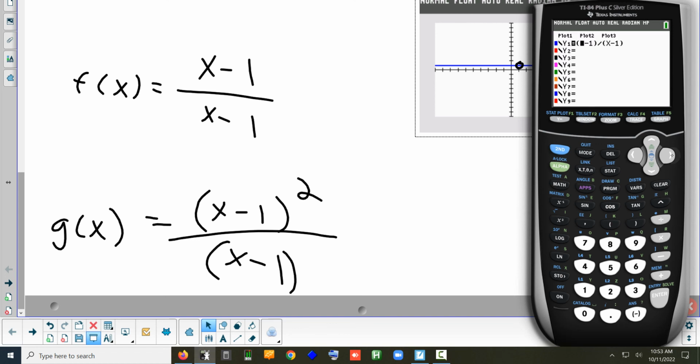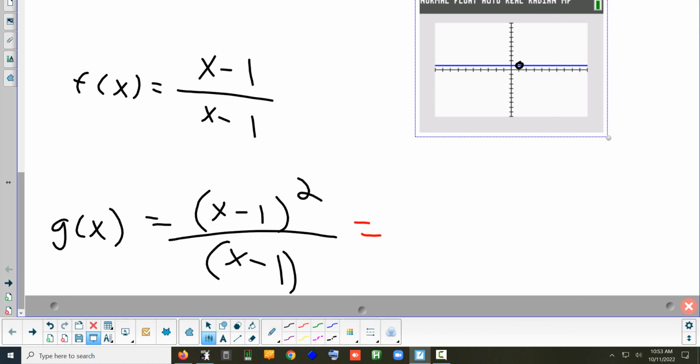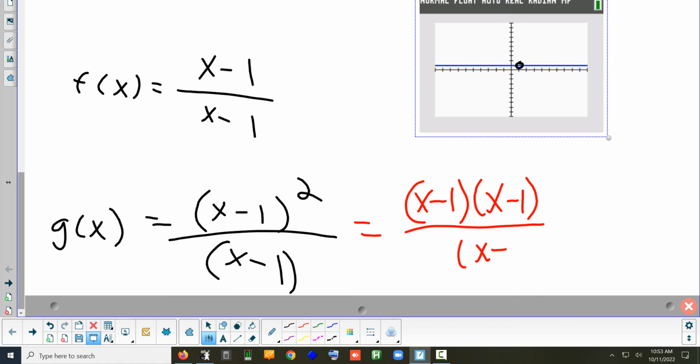So if I want to put this one in, I'm just going to put in an exponent of 2. Now, think of the top this way: x minus 1, x minus 1, over x minus 1. Essentially, what can I do there? You might cancel them out.